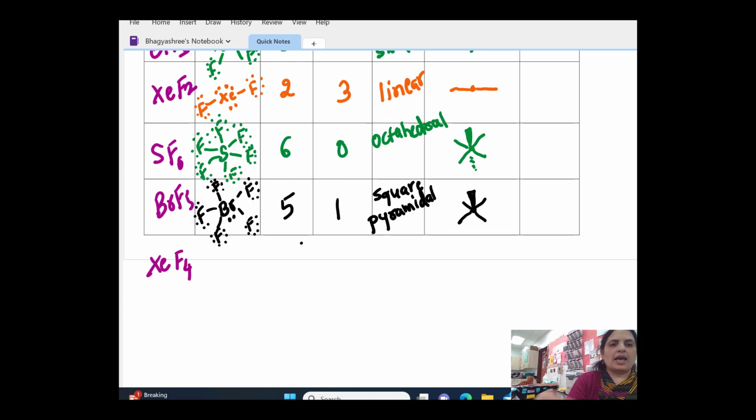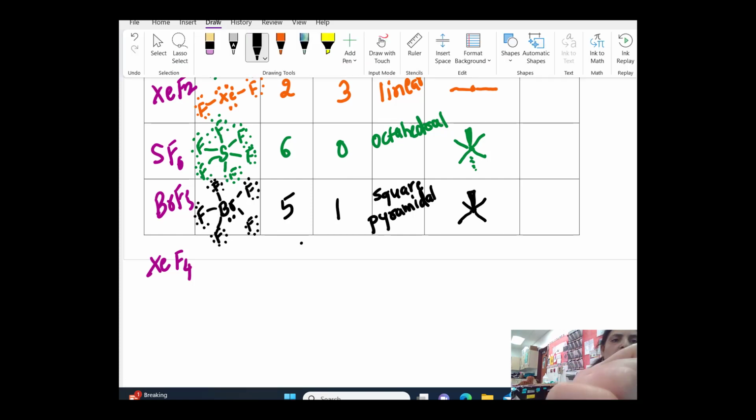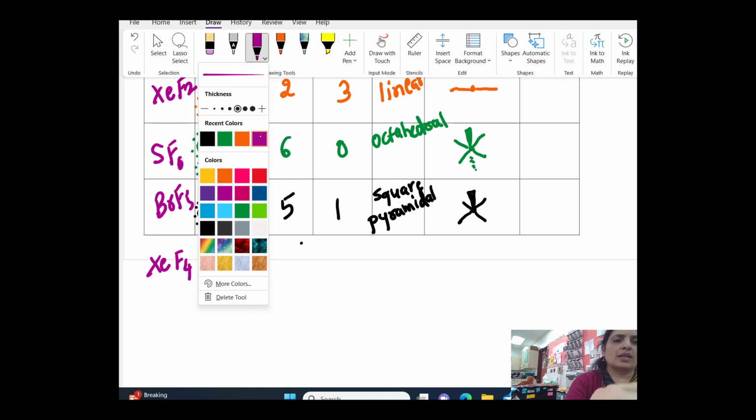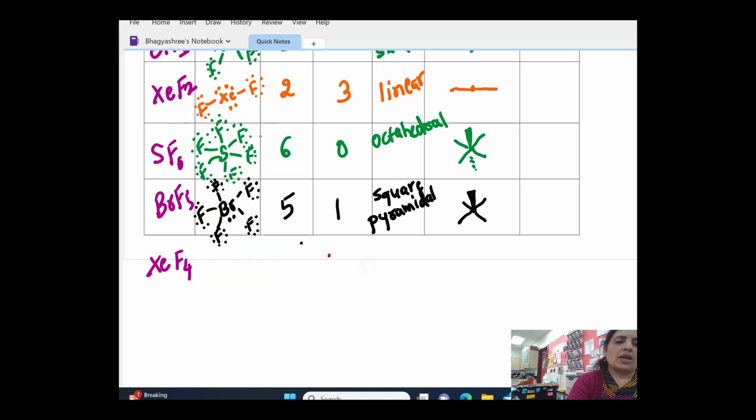Okay. The last one is XeF4, and let's get a color. So Xe here is my central atom. I have 4 fluorine atoms, and if you do all the Lewis dot structure 5 steps, you'll see that there are 2 lone pairs on Xe and these lone pairs on fluorine.